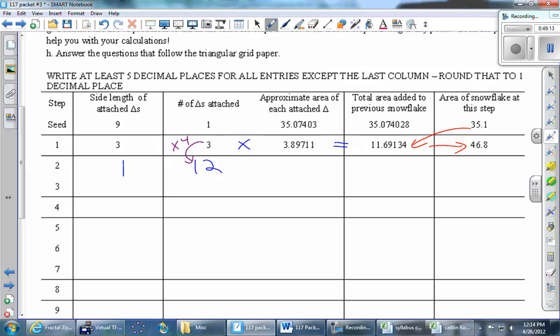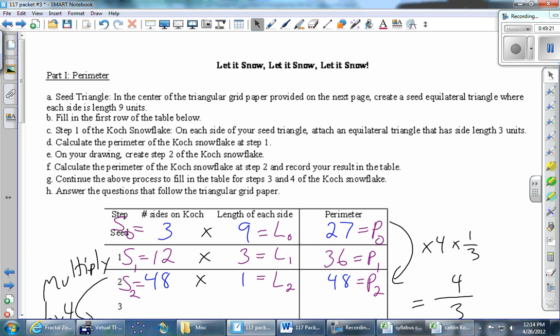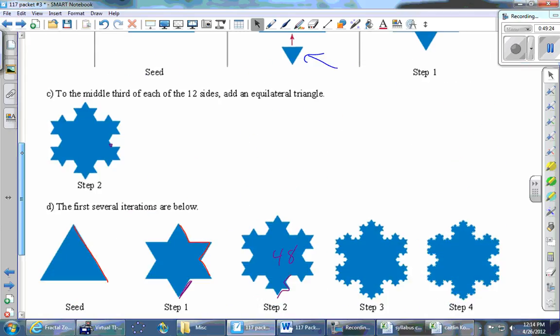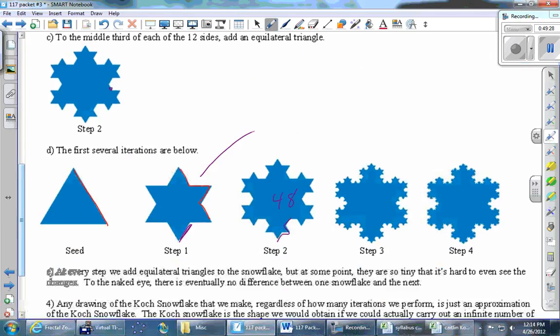The 1 to 3 is a special one. Is that true? How many triangles? Oh, wait, maybe I'm wrong. How many triangles did we have? Let's look at the picture. Is it 12 or is it 9? I want to know how many triangles got added going from here to here. Okay, so I'm just going to circle the triangles that are in the new shape that weren't in the previous one. Was this guy over there?